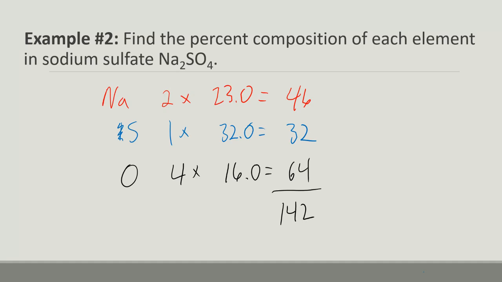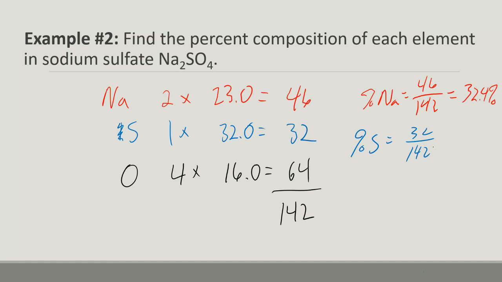And then if we wanted the percent sodium, percent sodium would be the 46 divided by the 142, which is 32.4%, and then percent sulfur would be 32 divided by 142, which is 22.5.